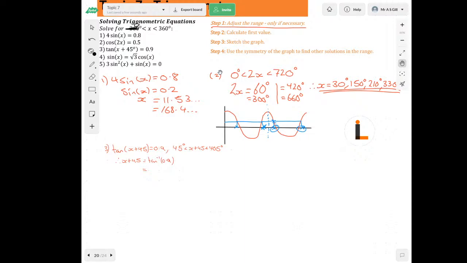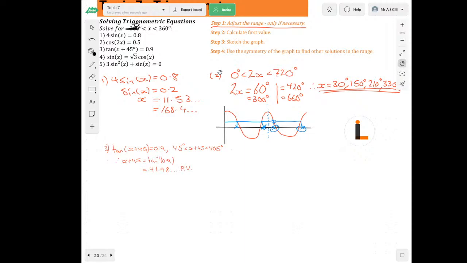So our first value for this tan one should be 41.98 and so on. And we know that for tan, it's just a simple matter of adding or subtracting 180 each time.